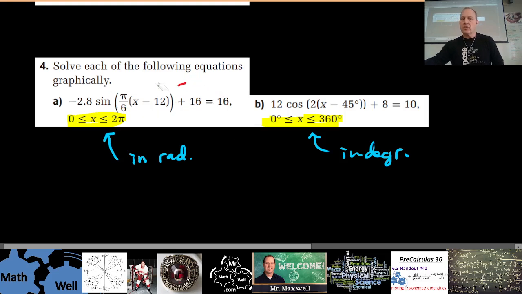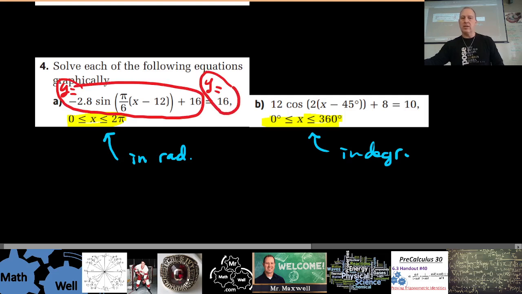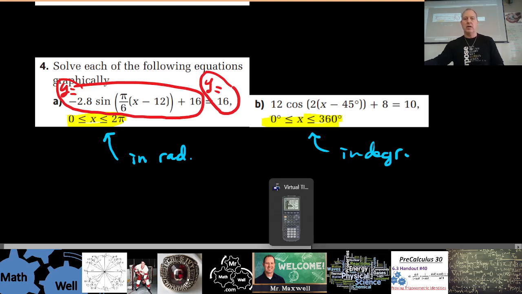If it's not equal to 0, then you have 2 separate functions, and you graph them separately: y equals this and y equals this, and then you find the intersection points. Those are the 2 graphing methods. I've taught you that a couple of times before. It doesn't matter which one you use, you'll get the exact same x values. So I'm going to graph them both individually.